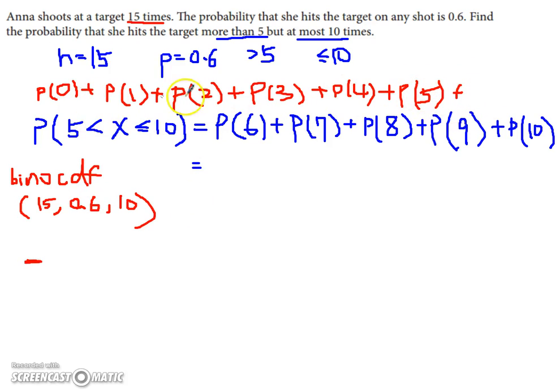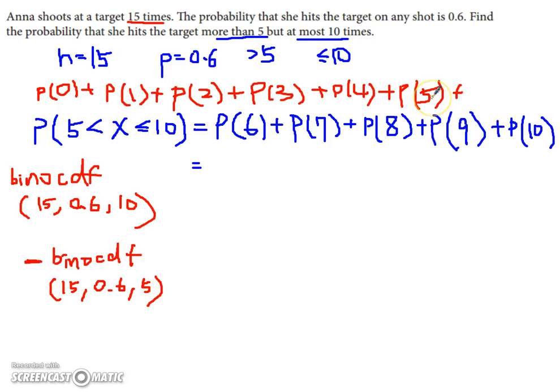So how do I write this 0, 1, 2, 3, 4, 5? That will be binocdf with pretty much the same setting, 15, 0.6, but up to where? Up to 5. Does that make sense?